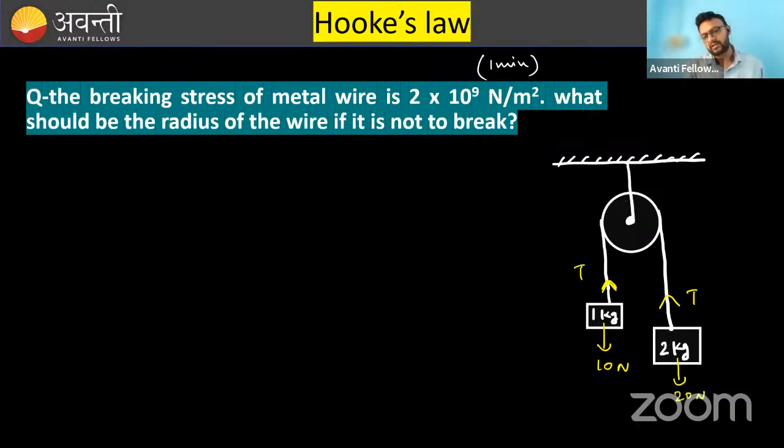You will say, sir, 2 kg is heavier than the 1 kg, so this 2 kg block will come down. Let's suppose its acceleration is A, and this 1 kg block will definitely go in the upward direction with an acceleration A. I think it is clear.